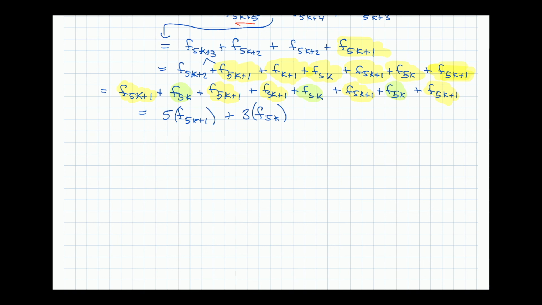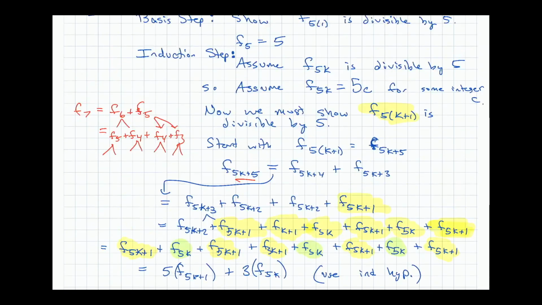Now what you want to do is apply the induction hypothesis, which we haven't used yet. What was the induction hypothesis? The induction hypothesis up here was that f5k is 5c, because f5k was divisible by 5. So it's 5c.